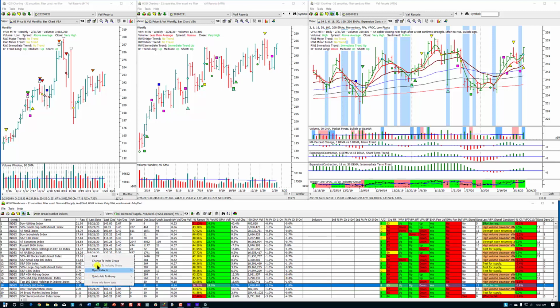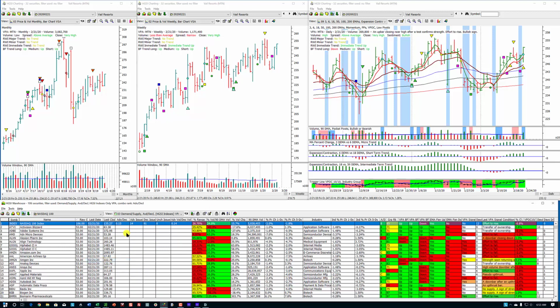Now, if I were to change to the index group, it shows you the stocks that are in here and the industry, how the industry did yesterday, how it did over 5 days, and then there's other information here about trends and the last VPA signal condition.